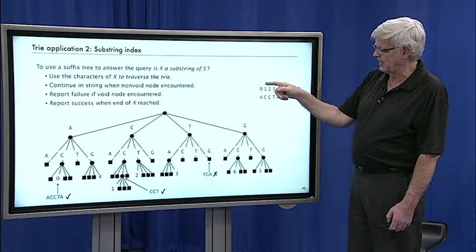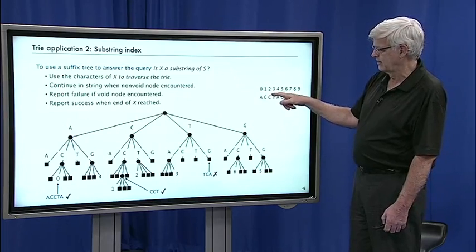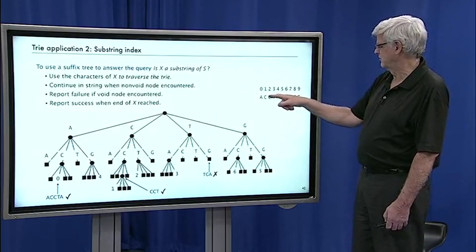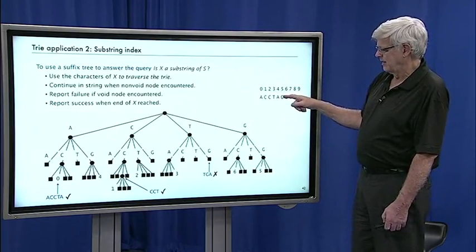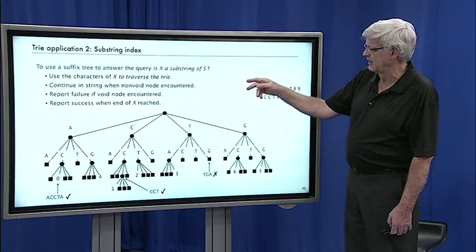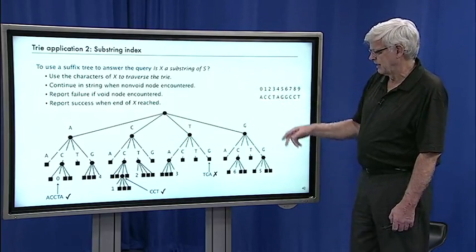So we built the trie AC. If we see something that starts with AC, then we look starting at position 0 and continue our search, and the ACCTA is there.